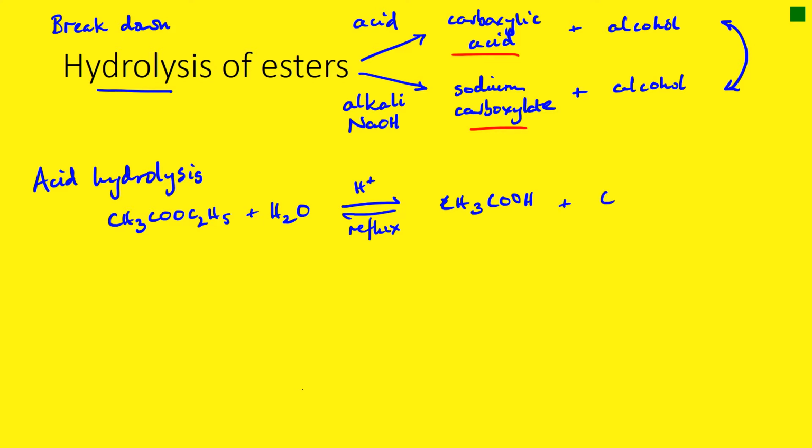So that's C2H5OH, and let's just remind ourselves that our water molecule is going to be used to break up the ester, and the OH part, the hydroxide part, is going to join the acid, so that's going to become this O and this H, and the other hydrogen part of the water molecule is going to join on and complete the alcohol, in this case ethanol.